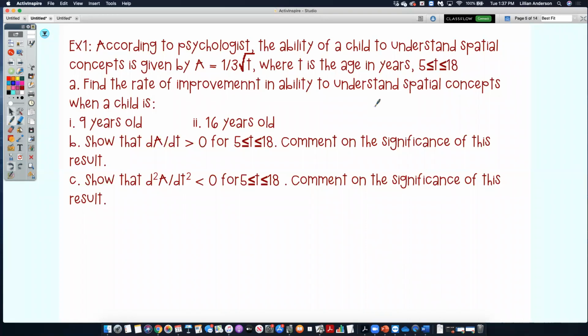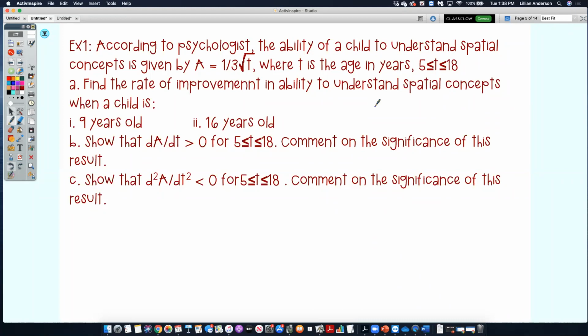Okay? Anytime you see rate of improvement, rate of something, it's basically talking about the rate of change. Rate of change means the derivative, okay? So if I want to find the rate of improvement in a child's ability when they're 9 years old or 16 years old, we need to find the derivative, and then we need to evaluate at those respective ages, okay?